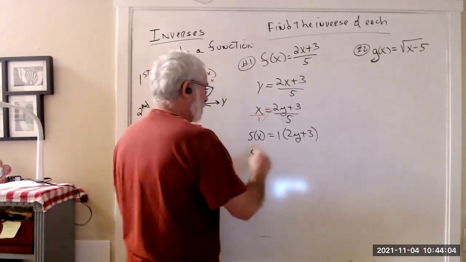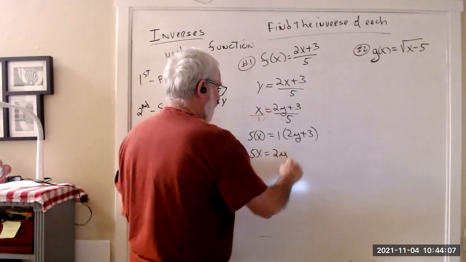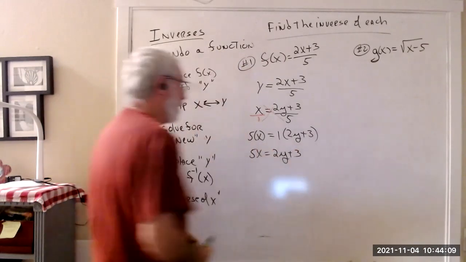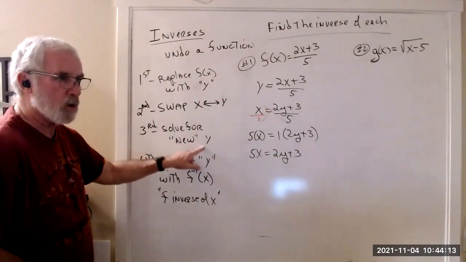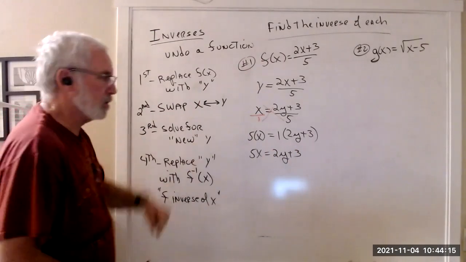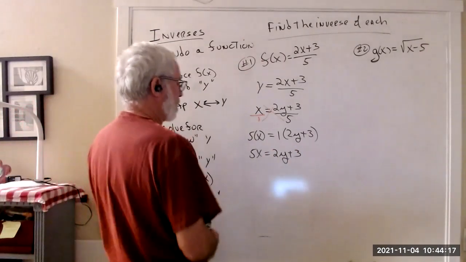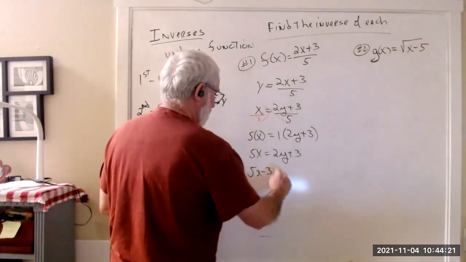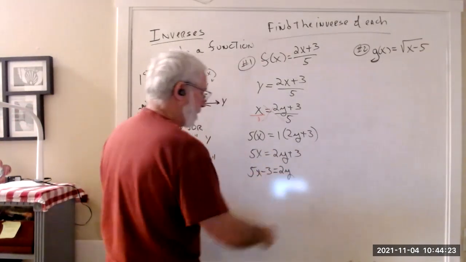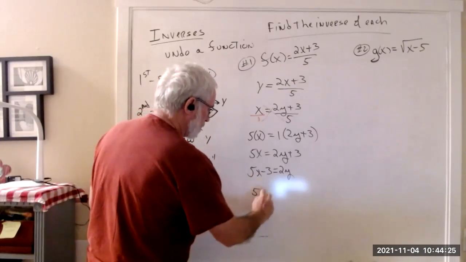So anyways, this becomes 5x equals 2y plus 3. Now we're supposed to get y alone. Solve for the new y. Get y alone. So, okay, what am I going to do? Subtract 3. Divide by 2.